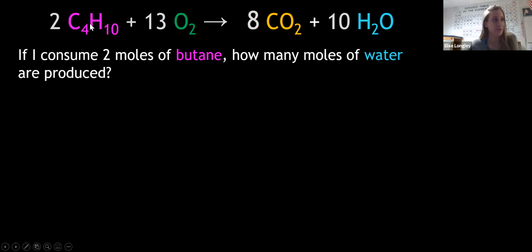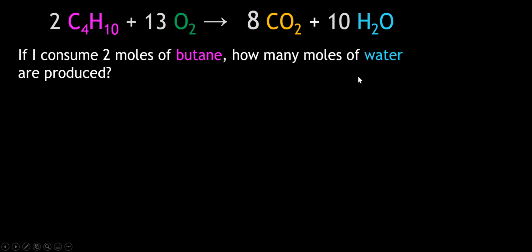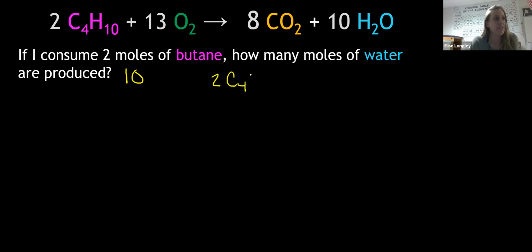Okay, this is butane. How many moles of water are produced? Would it be 10? It would be 10. How did you know? Because the coefficient in front of the water is 10. Yeah, so for every 2 butane in this reaction, I know that I end up with 10 waters, because those are the coefficients that we just did the math to practice.